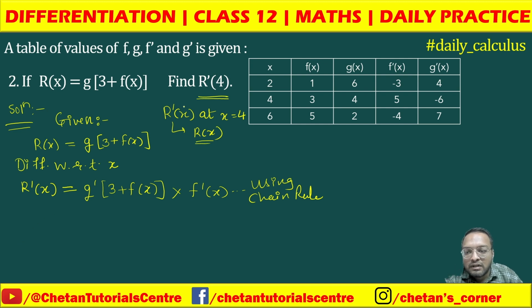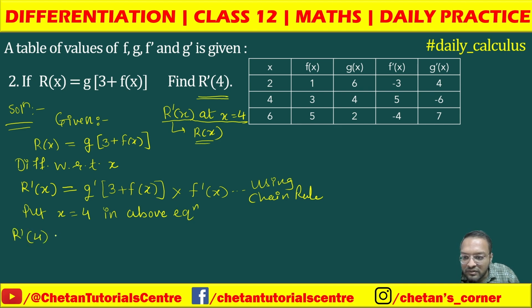So now what we have to do? We have to find the value of r dash of x at x is equal to 4. So we will put x is equal to 4 in the above equation. What we will get?